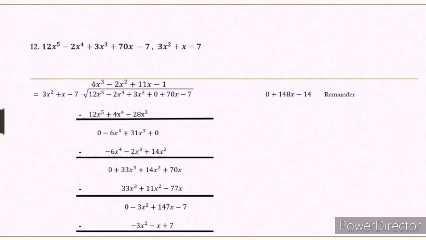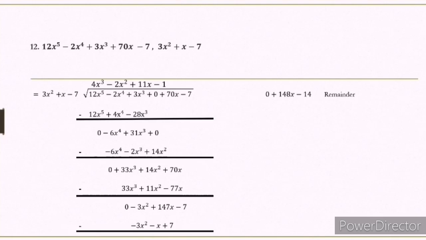Negative 2x raised to 2 times 3x squared is equal to negative 6x raised to 4. Negative 2x raised to 2 times x is equal to negative 2x raised to 3. Negative 2x raised to 2 times negative 7 is equal to 14x squared.